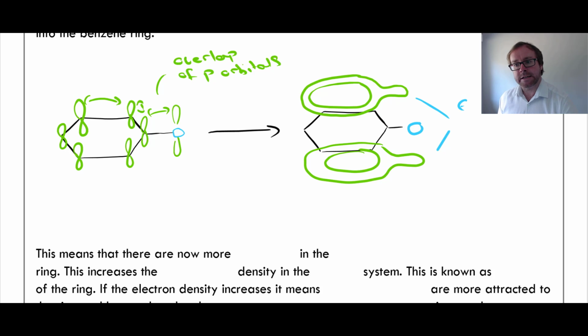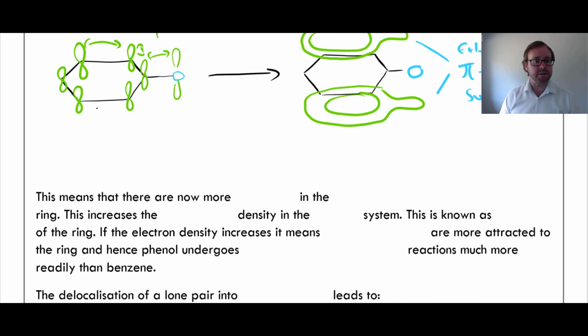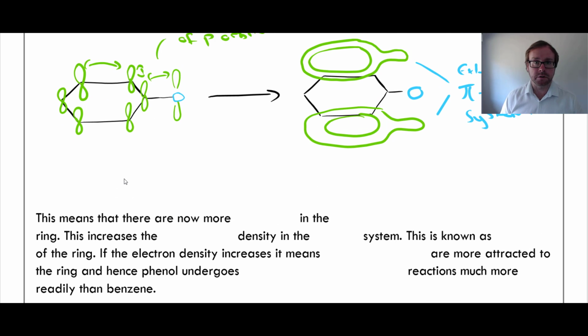So that means that now we have an extended pi delocalized system. Okay, so what does that mean for our reactivity? So we'll now move on to filling this out.